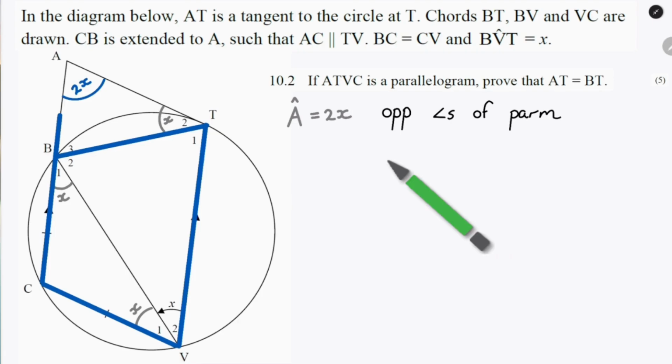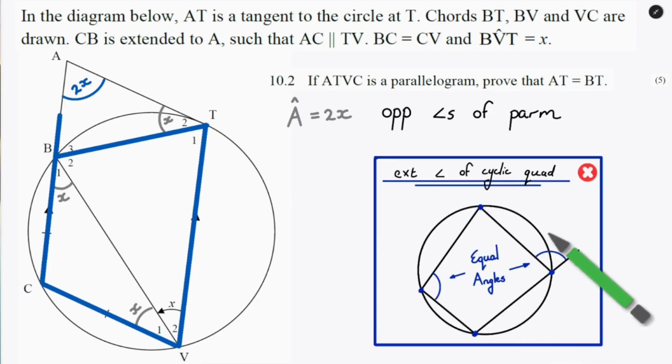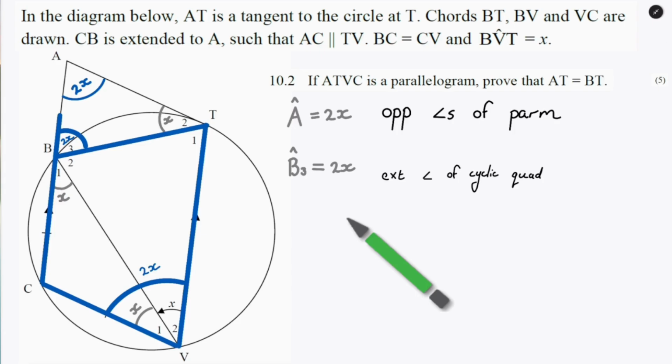And there's a theorem we have to know about an exterior angle of a cyclic quad: it's equal to the opposite interior angle of the cyclic quad. So if we apply that here, this interior angle of our cyclic quad is 2x. Applied to the exterior angle, it's going to be equal. So B3 also adopts the size of 2x. And then we state that like this: B3 equals 2x, exterior angle of cyclic quad.